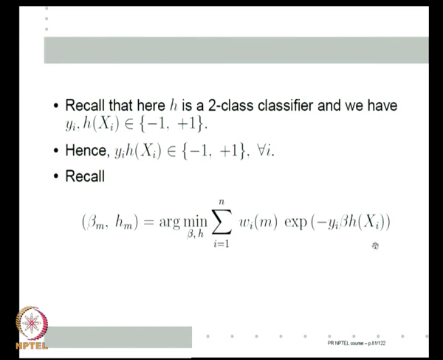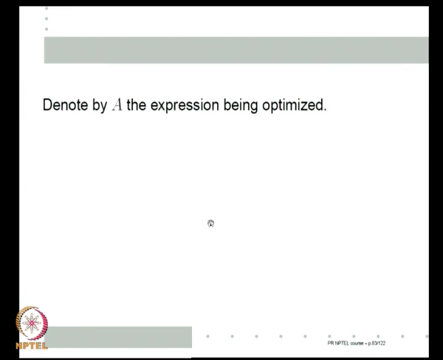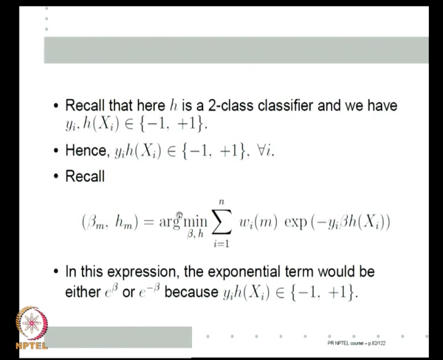This means for each i, this exponential factor depends on i, but it can only take one of two values: either exponential of minus beta or exponential of plus beta. So, this expression can be either e to the power beta or e to the power minus beta, because y_i into h(x_i) is always minus 1 or plus 1. We use that to rewrite this expression. Let us say A is the expression that is being optimized, that is, A is this summation.